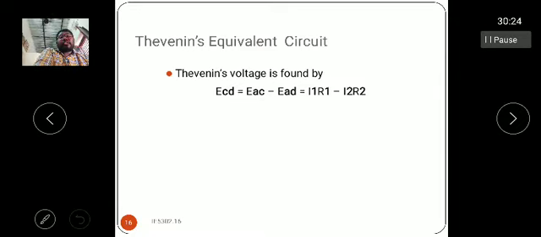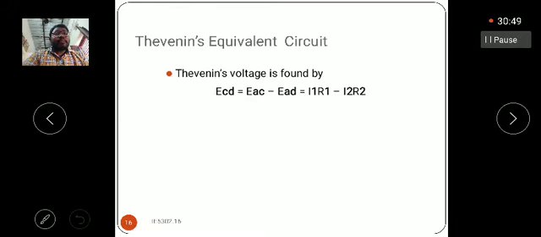That means the potential difference between C and D is equal to the potential difference across AC minus the potential difference across AD. That is, ECD, the voltage across the C and D terminals, is the Thevenin's voltage, equal to EAC minus EAD.